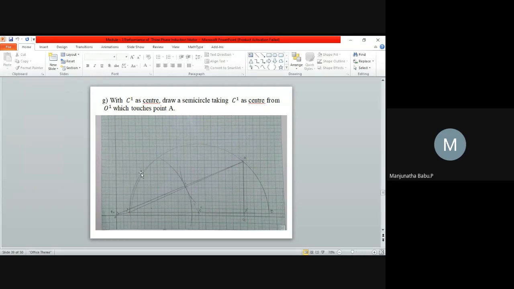From here, draw a half circle which touches point A. Not from O, it must be from O dash. Yes, sir. Done, sir.